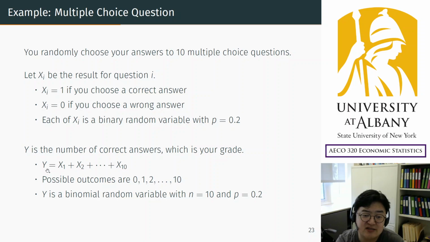What you are actually interested in is not just a single question, but the overall grade out of 10 questions. So sum the results through 10 questions, and your possible outcomes are 0 to 10. Then you can say that y is a binomial distribution with parameters n and p, where n equals 10 and p equals 0.2, right?